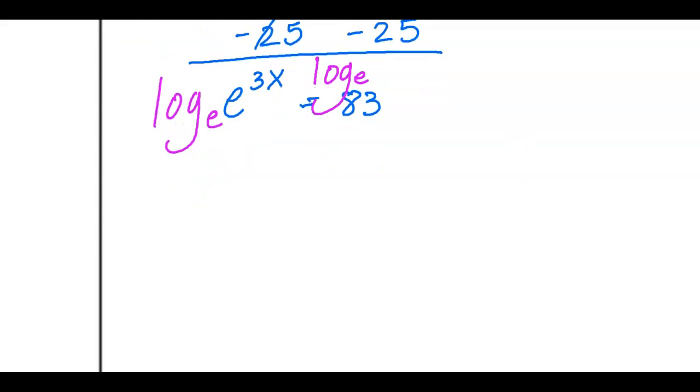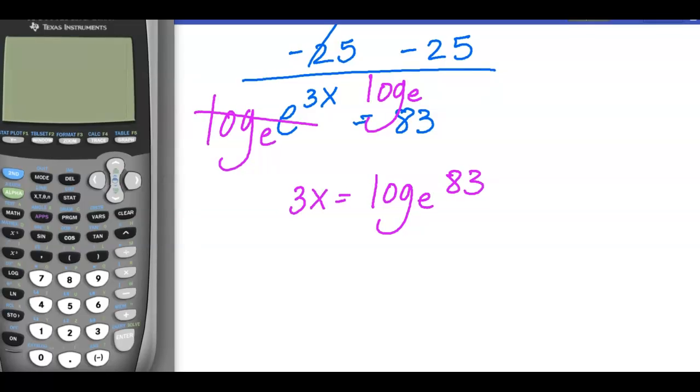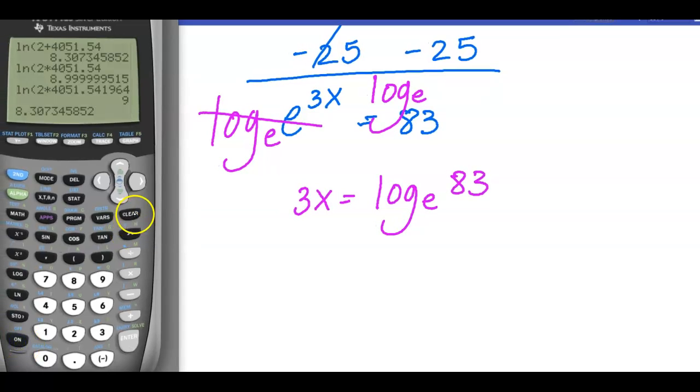Now log base e of e cancels, leaving us with what on the left? 3x equals log base e of 83. Which in our calculator, remember, log base e is the same thing as what? ln. So you can just do ln of 83.